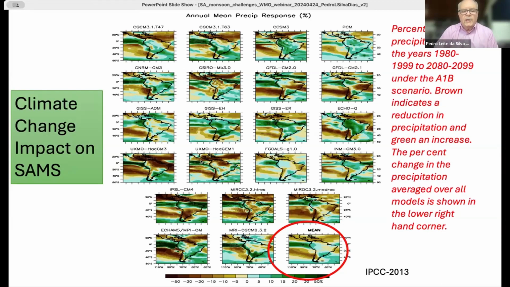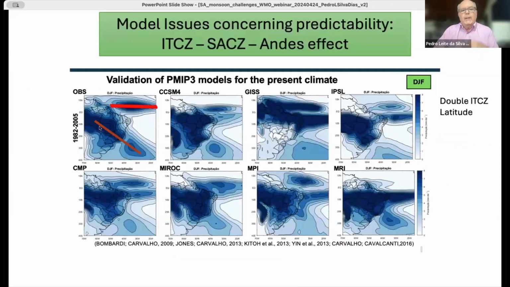In general, you tend to have a little less precipitation in the Northeast and even in the Amazon regions in some models, but things vary a lot. And of course, users don't like that very much because you can't really tell with absolute certitude that the impact in a particular area is going to be positive or negative in terms of precipitation.